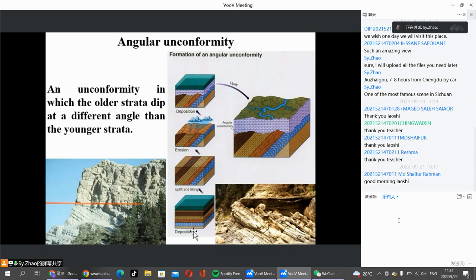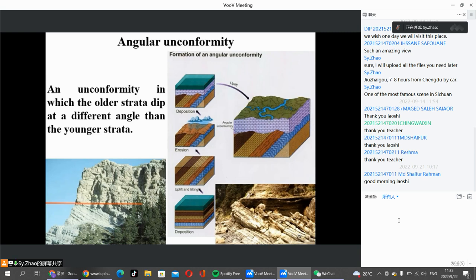So the difference is that before the second deposition, the lower portion of rock layers suffers a tilting process, which leads to inclined layers, and the later deposition of the upper portions is formed horizontally.